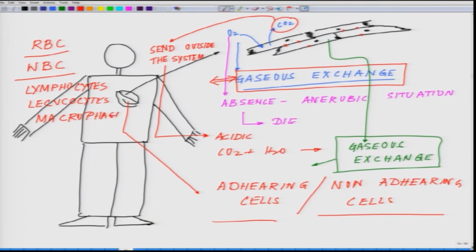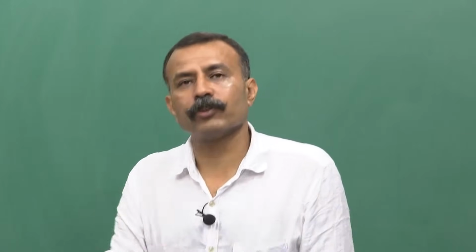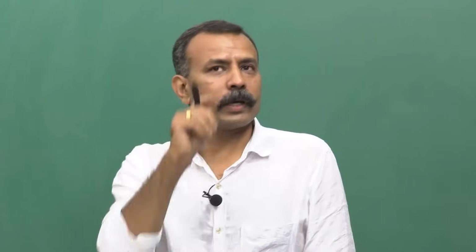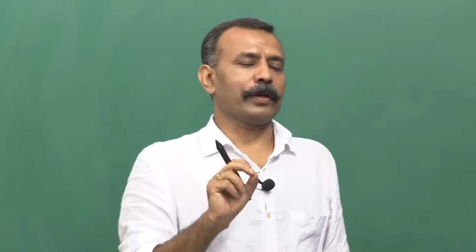Are we trying to culture these? And if you are trying to culture them, do you want them to adhere, or do we want them to move around in suspension? What are we culturing? This is a very critical point.